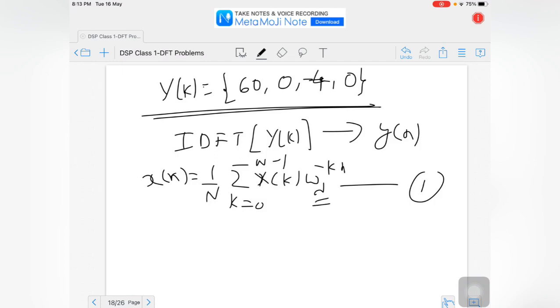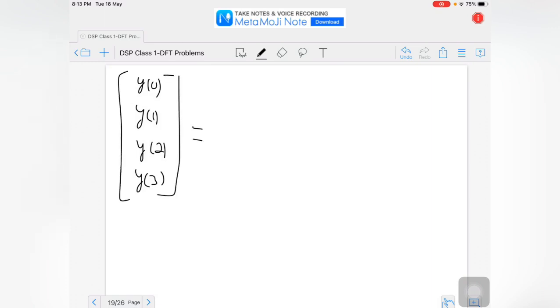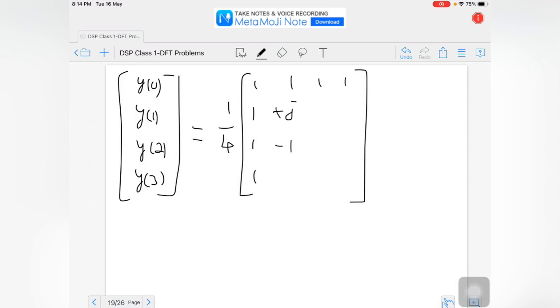I will write the 4 cross 4 matrix by taking the complex conjugate of the twiddle factors. For y of 0, y of 1, y of 2, y of 3, in the IDFT I will have 1 by 4, and the matrix stays the same except that minus j becomes plus j, plus j becomes minus j, and so on.